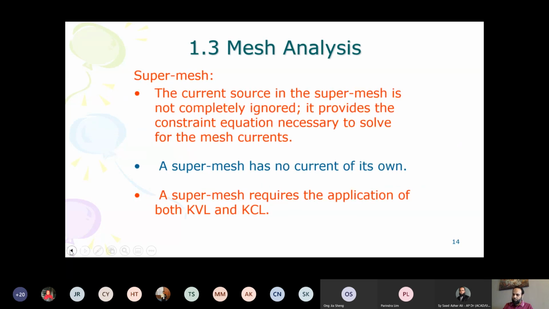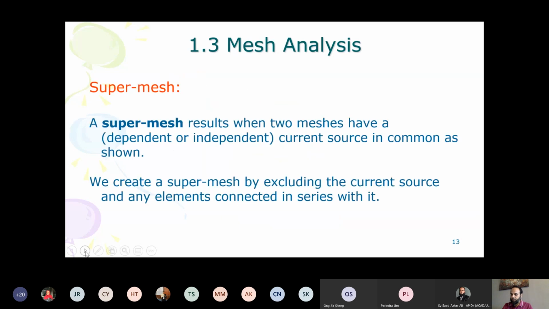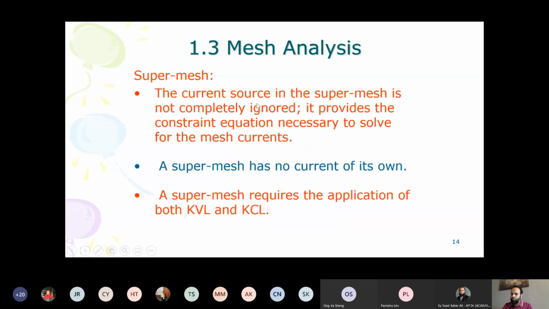So if I go back, even if there was a resistor here, we would be removing this completely. We are just making it completely open circuit like this. So the current source in the super mesh is not completely ignored. It provides the constraint equation necessary to solve for the mesh currents.